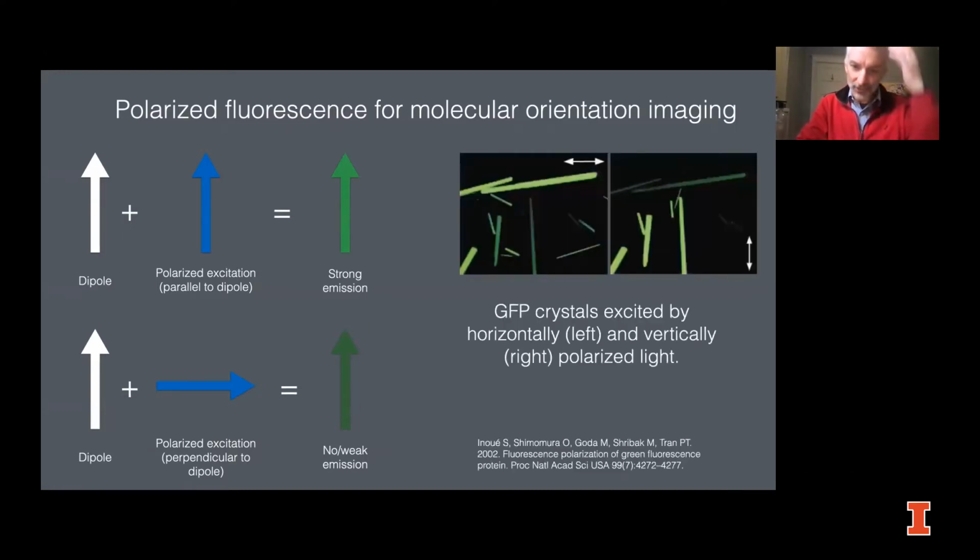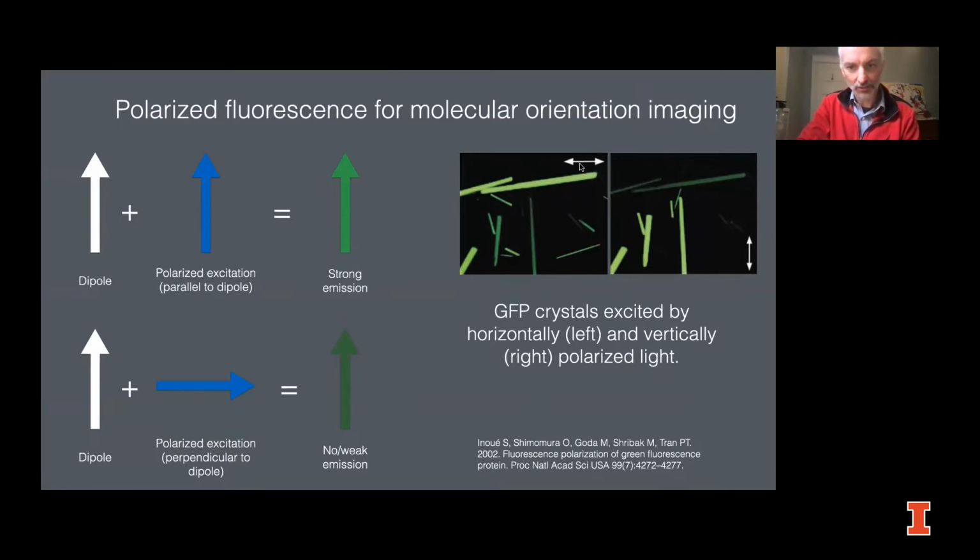Okay, and this was shown in a very compelling way about 20 years ago by Shinya Inoue, who was at the Marine Biological Laboratory. He's one of the founders of the field of polarization microscopy, and he just took a bunch of green fluorescent protein (GFP) crystals and threw them down on a slide, and then excited with light.